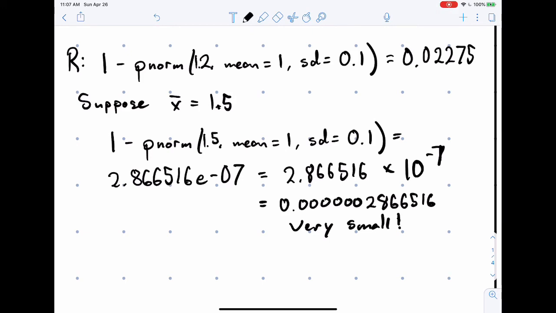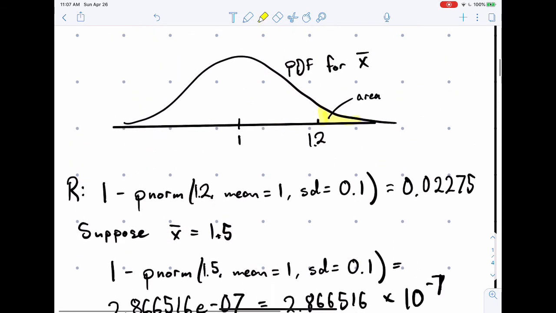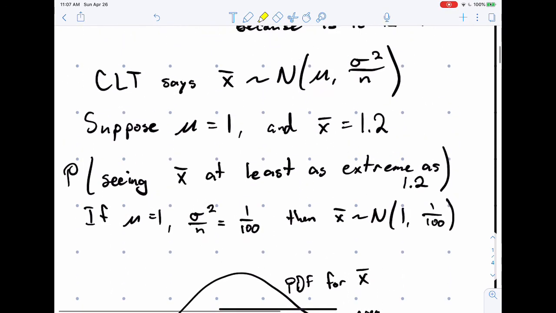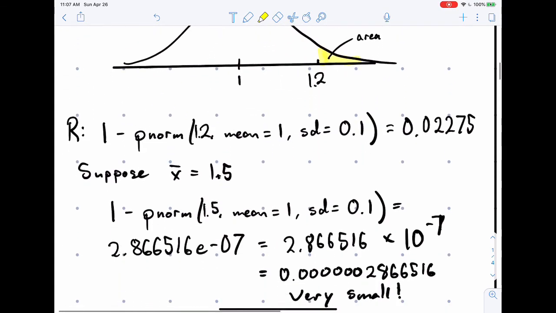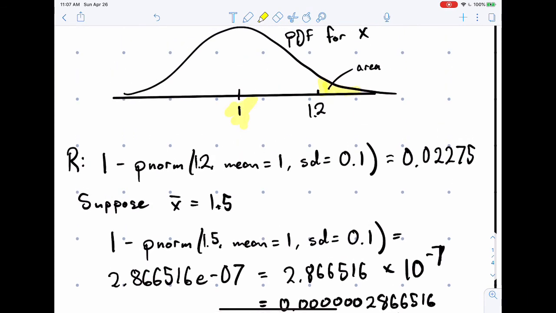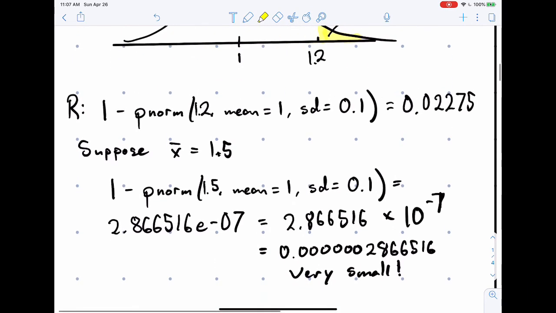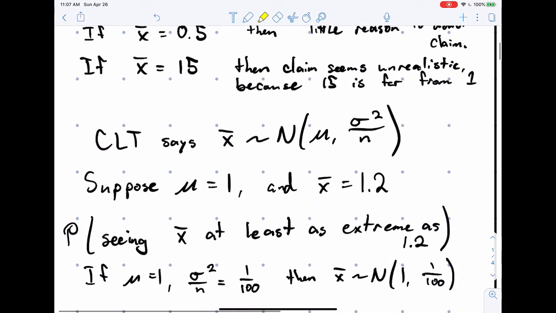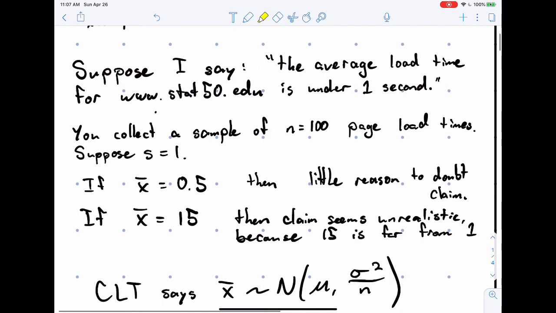Which means if we saw a value of 1.5, and 1 is really the center of this distribution, then seeing a value of 1.5 seems totally unlikely. We shouldn't be seeing things that extreme. Therefore, we would have to conclude that the average load time, when I said it's under 1 second, is not under 1 second. It's larger than that if we see a value of 1.5. And that's how we make it precise.